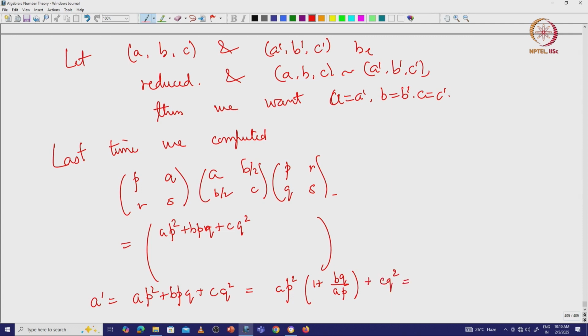But I can also rewrite this in a slightly different way. I can write it as A P square plus C Q square times 1 plus B by C P by Q, right. So, that is another way of writing the same thing.